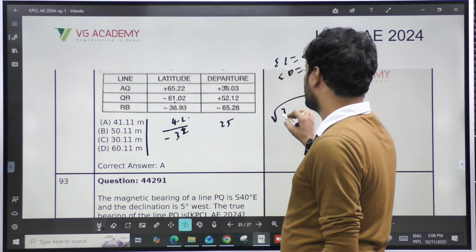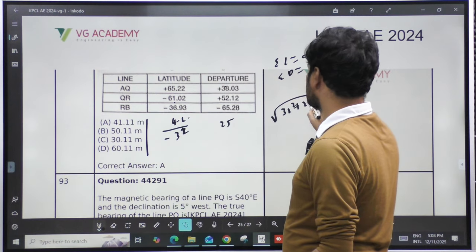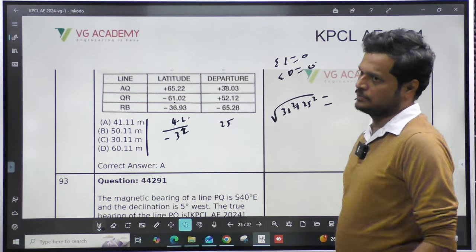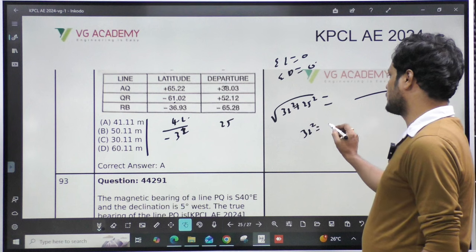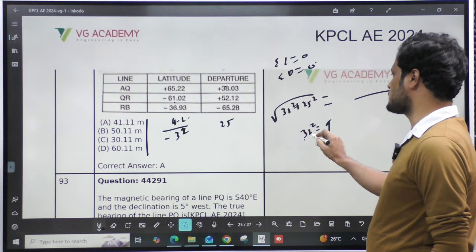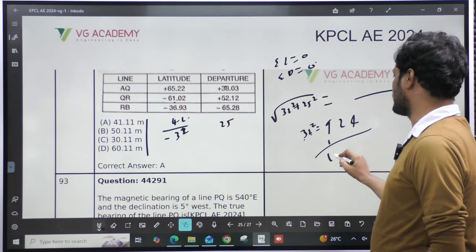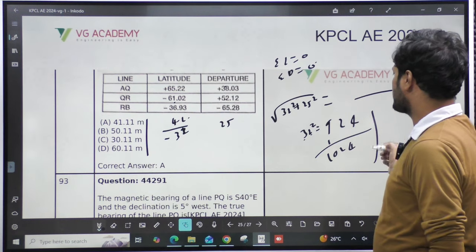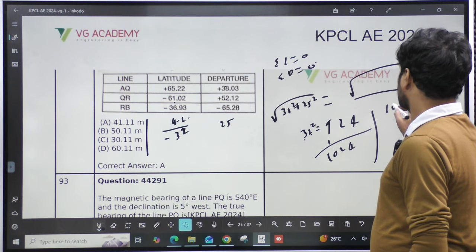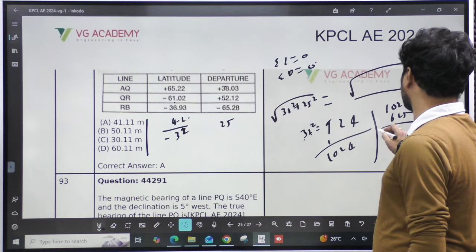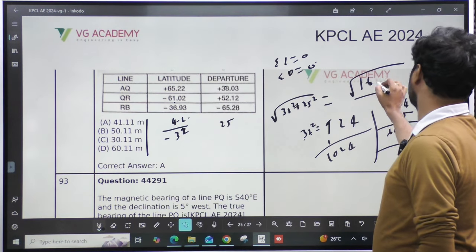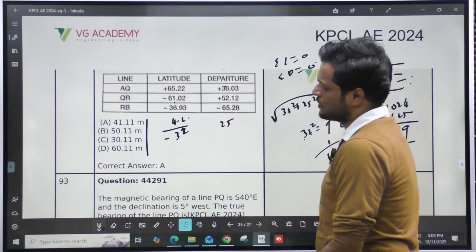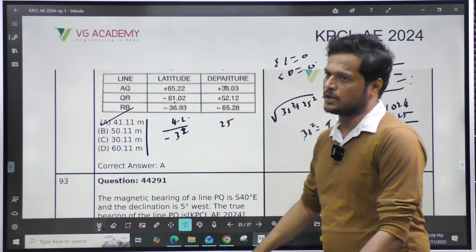So square root of 32 square plus 25 square. 32 square is 1024, 25 square is 625. So 1024 plus 625 is 1649 approximately. So it should be near to 40.